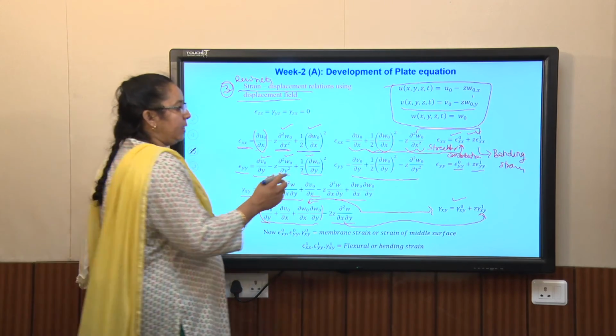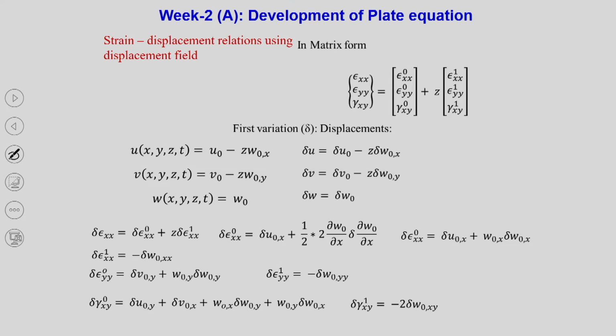In programming you have just a column vector epsilon xx, epsilon yy, gamma xy, which is epsilon xx naught, epsilon yy naught, gamma xy naught plus z times epsilon xx1, epsilon yy1, gamma xy1.